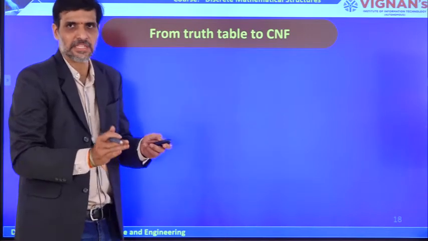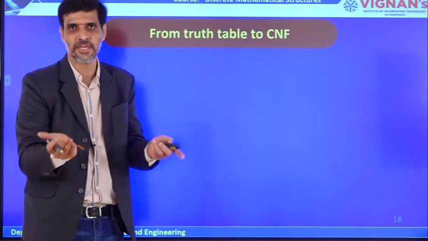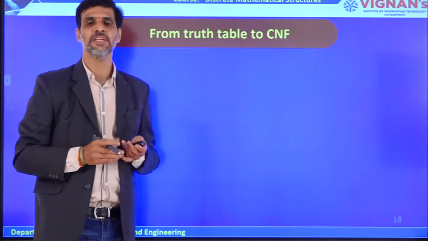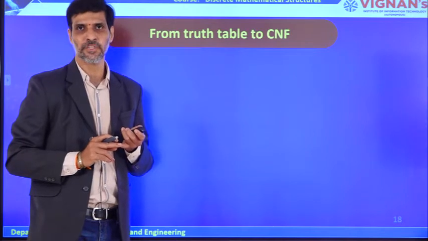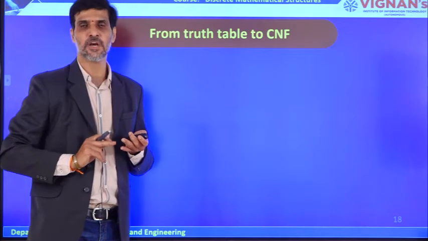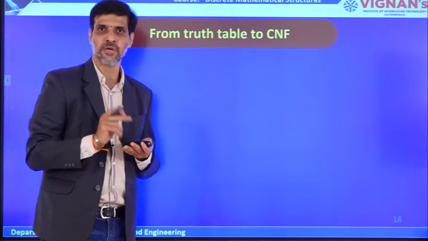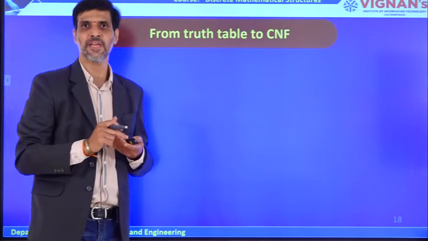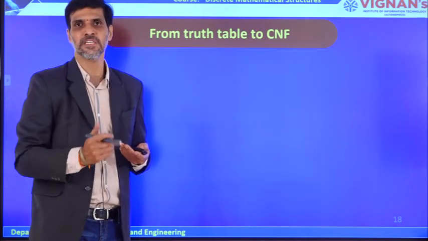In the previous lecture we discussed the same method for converting into DNF. There we first constructed the truth table for the given compound proposition, identified the assignments for which it is true, wrote these assignments as min terms, and finally took the disjunction of all these min terms, which becomes the disjunctive normal form.